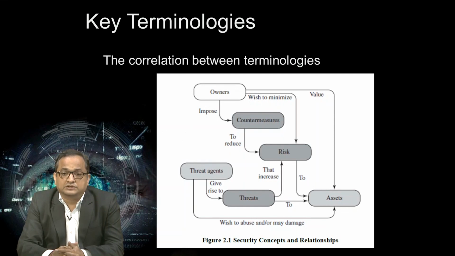So there is a possibility that any particular person can get into access of any particular system. So they can be considered as threat agents. Now whatever risk associated with any particular assets, we need to protect these particular assets. So whatever activities we are taking or we are carrying out some sort of actions, so they can be considered as countermeasures. So all these terminologies are related with each other in terms of cyber security.